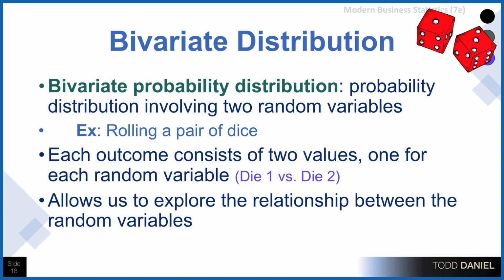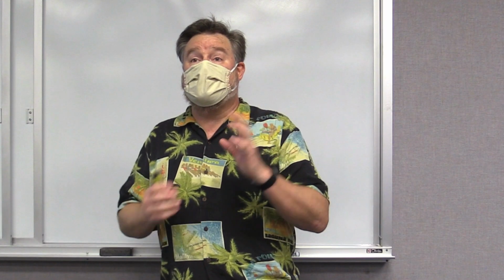What this would allow us to do is come up with our range of possible outcomes. If there are 2 dice, what would be the smallest number that we could get in the combination of 2 dice? It would be a 1 on die 1 and a 1 on die 2. The smallest value would be 2. What will be the largest number? A 6 on each die, for a total of 12.